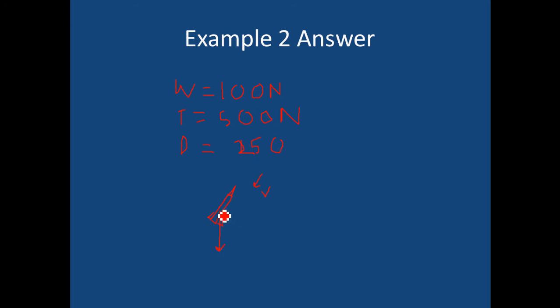We have our thrust, which is along the direction of flight. We have our drag, which is along the direction of flight, but in the opposite direction. So let's sum these up. Let's sum the forces in the x, sum the forces in the y, and then calculate the resultant force.